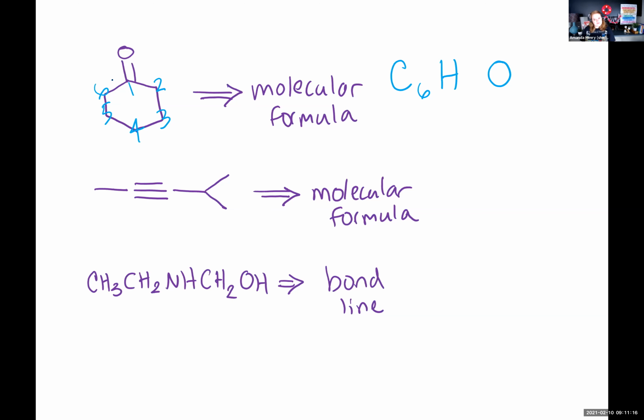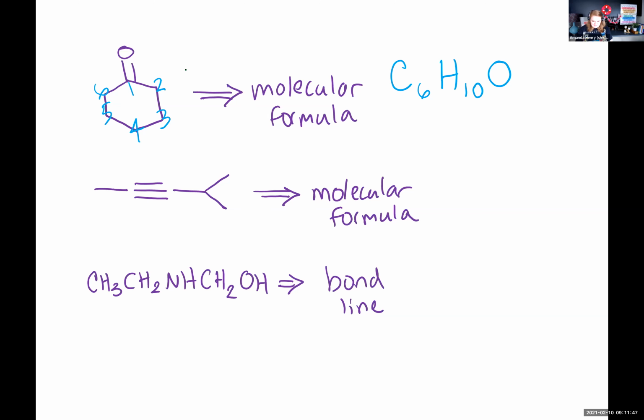How many hydrogens are in that structure? Very good. There are 10. And then 1 oxygen. We don't need to put the 1 there, of course. So let's talk about those 10 hydrogens just in case you don't see it. All of the carbons except for the one I have labeled as number 1, the one that's double bonded to the oxygen, are all CH2s.